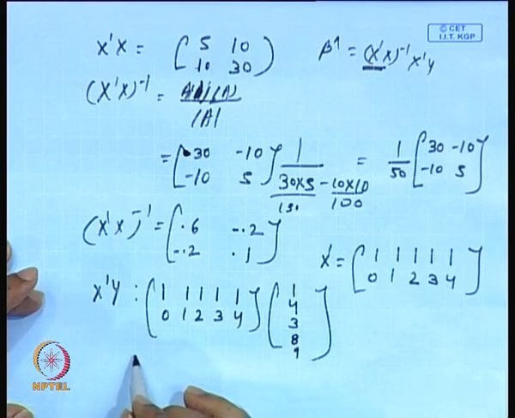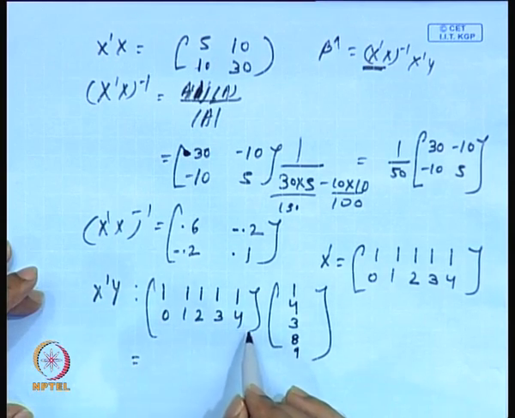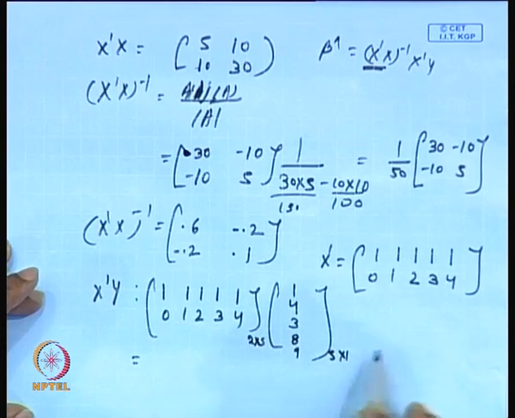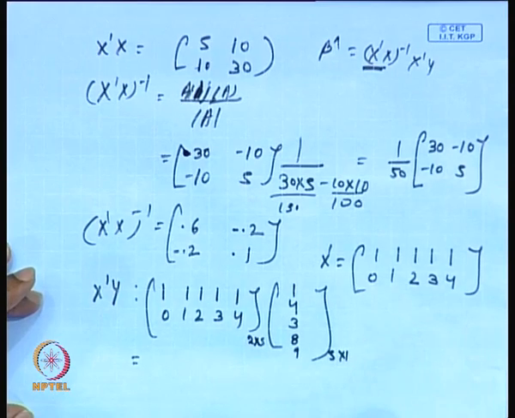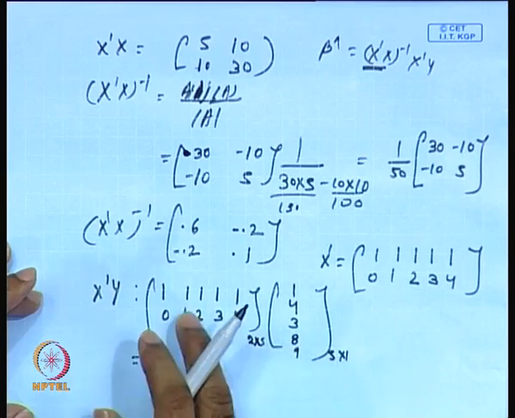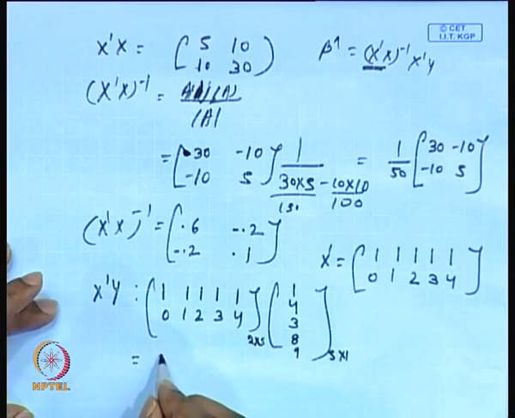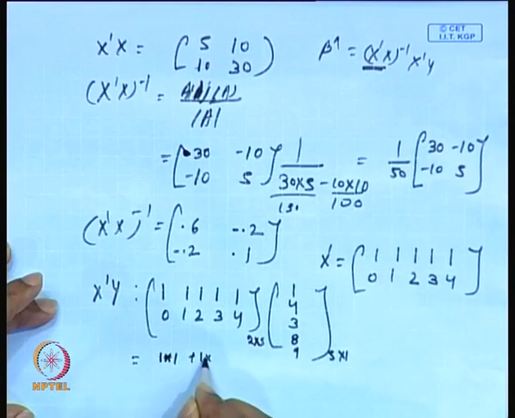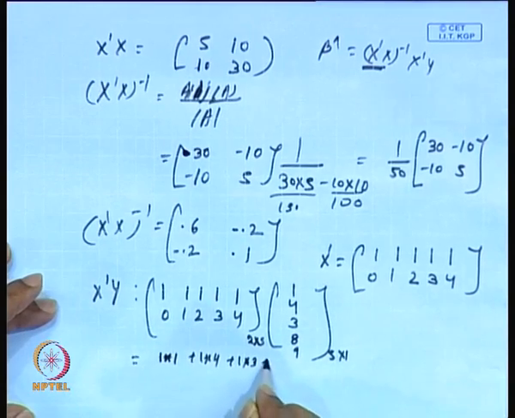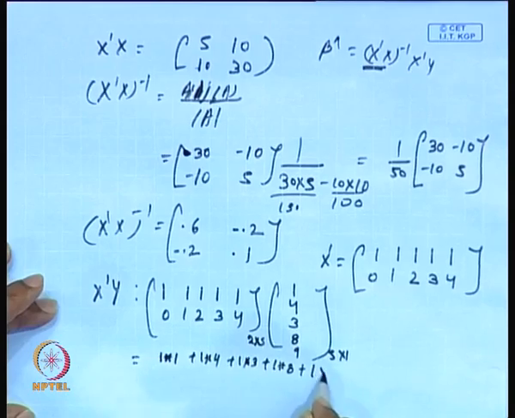So we will simplify again. This is a 2 by 5 matrix times a 5 by 1 matrix, so we will get a 2 by 1 result, this multiplied by this and this multiplied by this. The first row is 1 into 1 plus 1 into 4 plus 1 into 3 plus 1 into 8 plus 1 into 9.